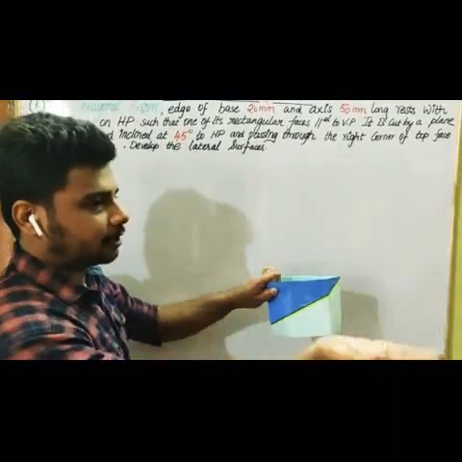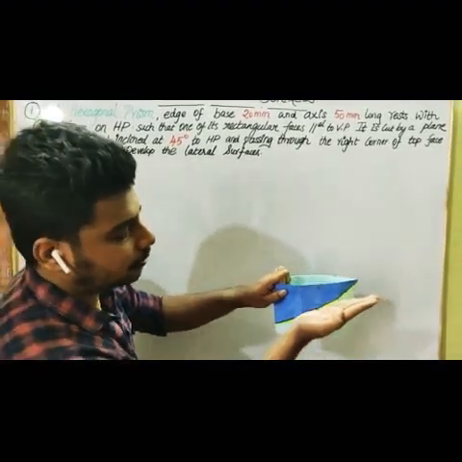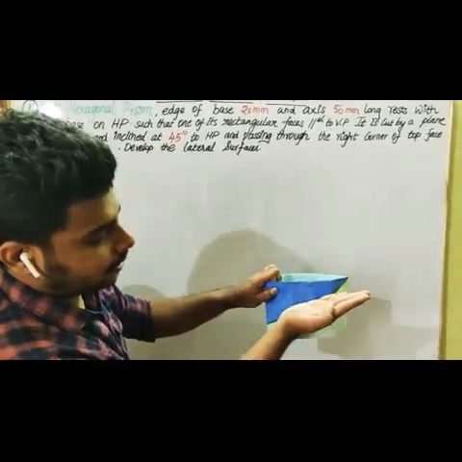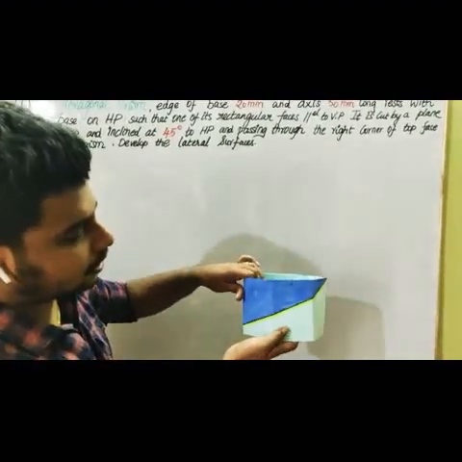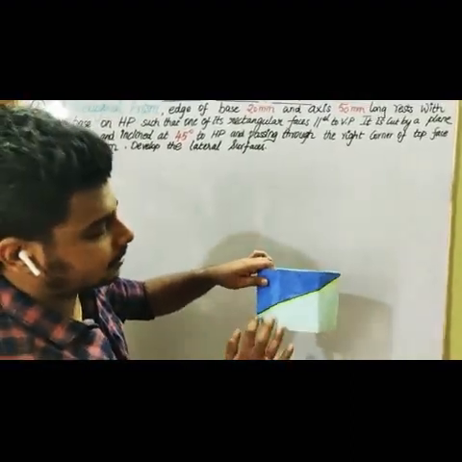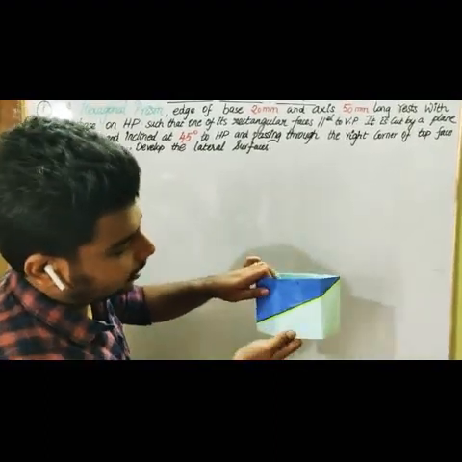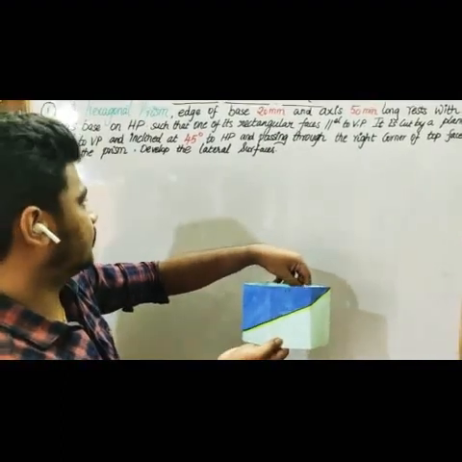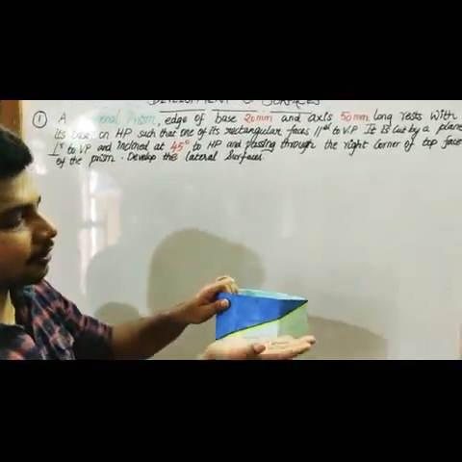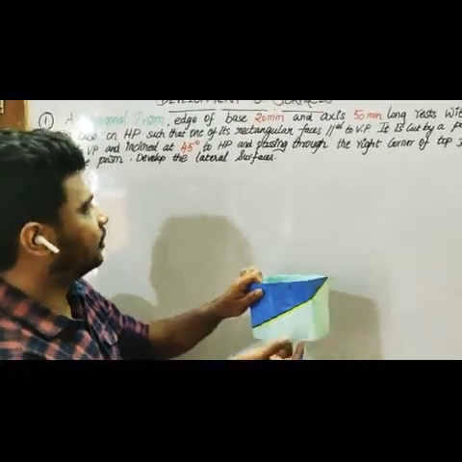So I am going to cut my object. When you cut, the part shown in blue color is your removable part and the part under it is your remaining part. I am going to cut perpendicular to VP and inclined at an angle of 45 degrees to HP.